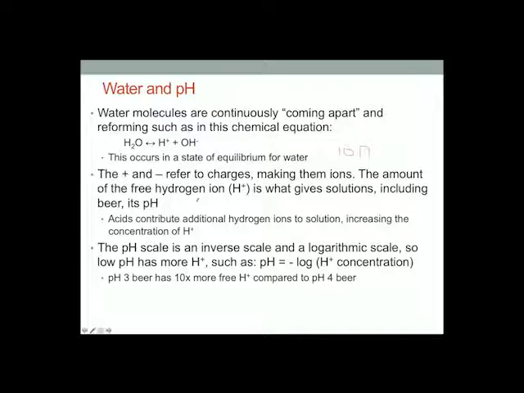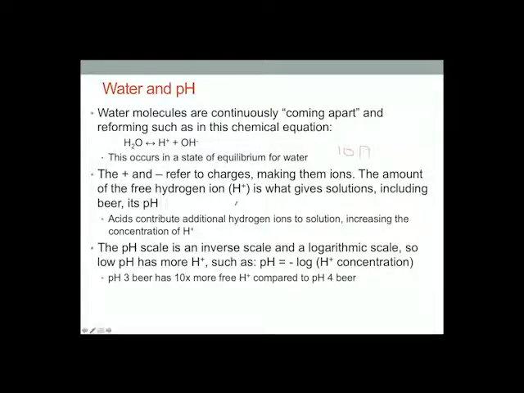So when we have something that's an acid, let's say lactic acid is considered acidic because when it is added to a certain amount of water, it's going to contribute additional hydrogen ions, additional H plus. And so that, by increasing the concentration of H plus, would affect the pH.